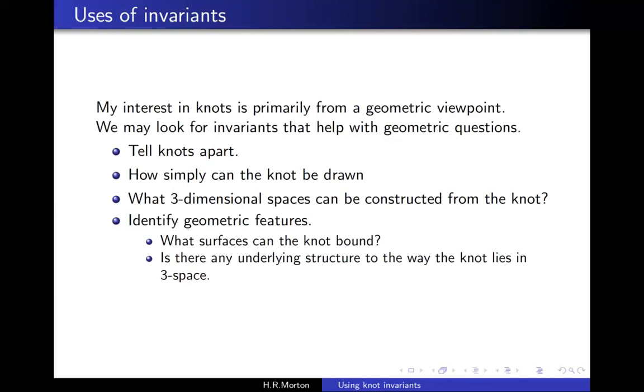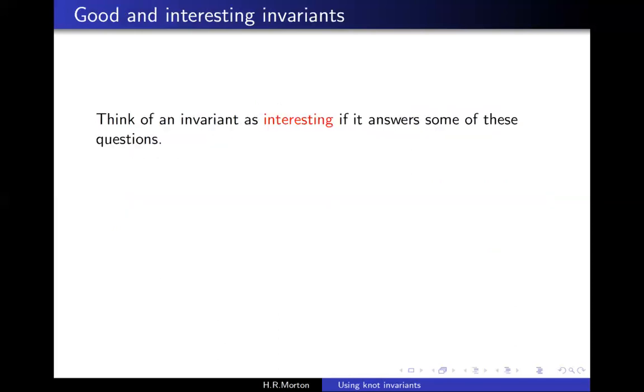What sort of surfaces can it bound? Is there any particular underlying structure to the way that the knot lies in 3-space? It might be a fibered knot, it might have some other nice geometric properties. And I'm inclined to think of an invariant as interesting if it answers some of these questions.